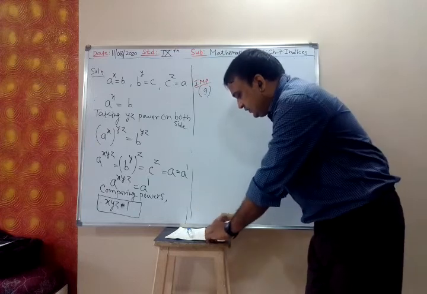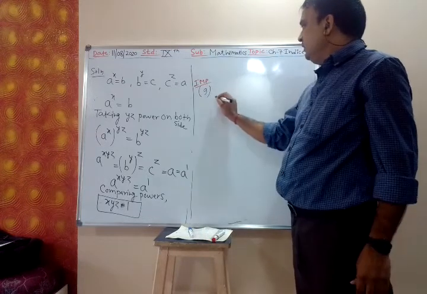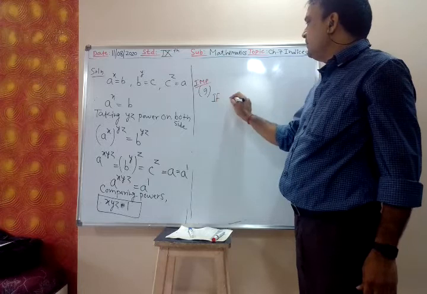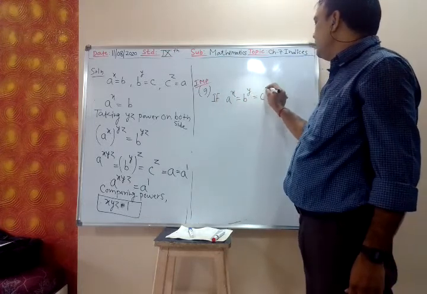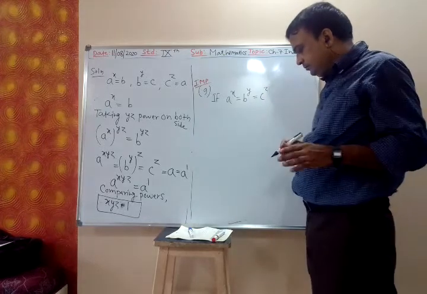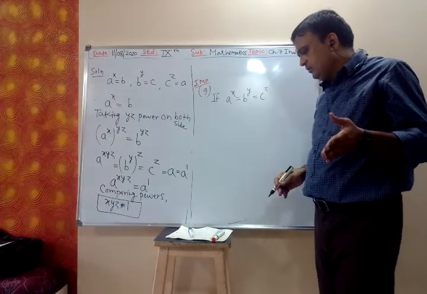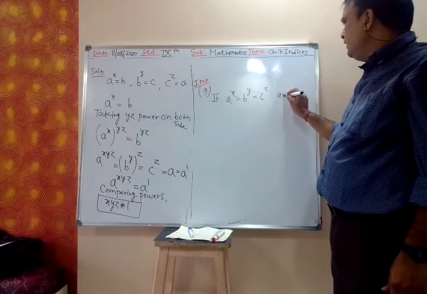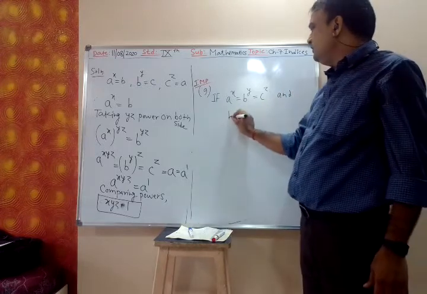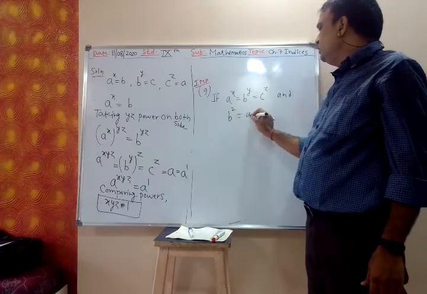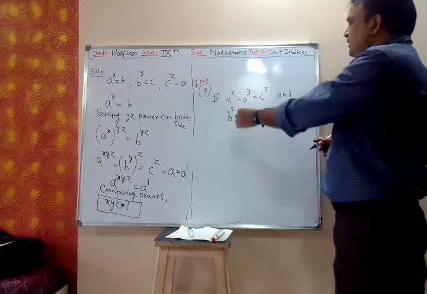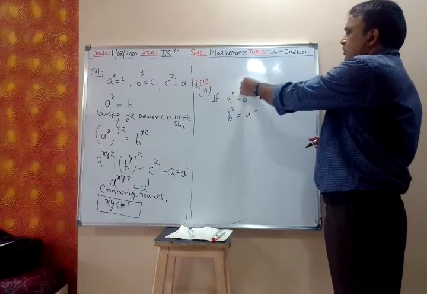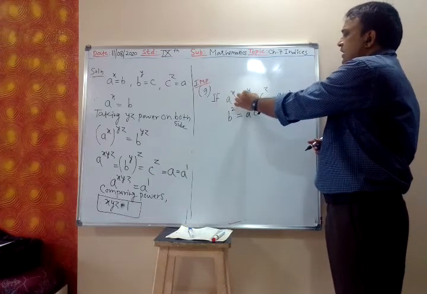Ninth one: if a raised to x is equal to b raised to y is equal to c raised to z, and b square is equal to ac. Two pieces of information are given. One, a raised to x is equal to b raised to y is equal to c raised to z; these three are equal.